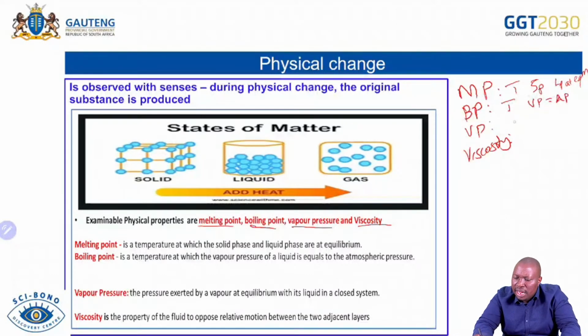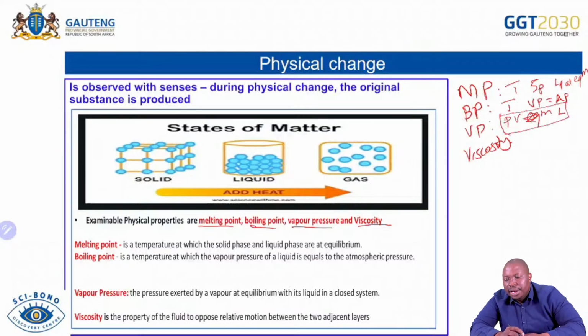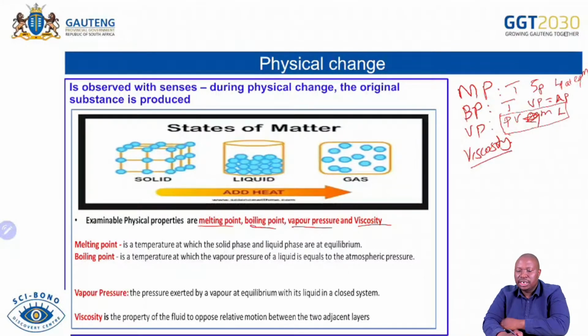When it comes to vapor pressure, we're saying it's the pressure exerted by vapor in equilibrium with its liquid in a closed system. So when you talk about vapor pressure, it must be in a closed system. Now, viscosity, we said, is that property of a fluid to oppose or resist the relative motion between two adjacent layers.